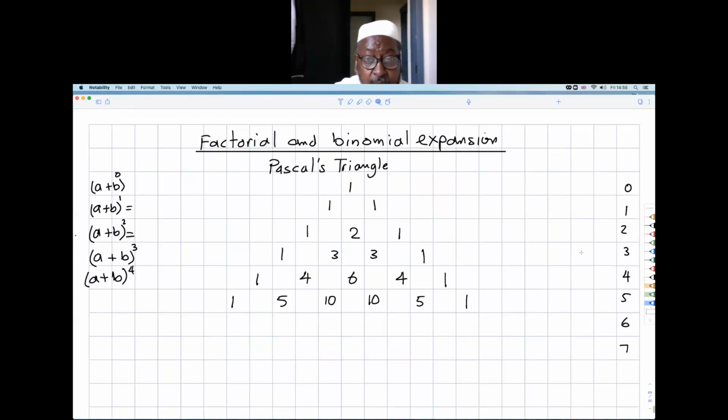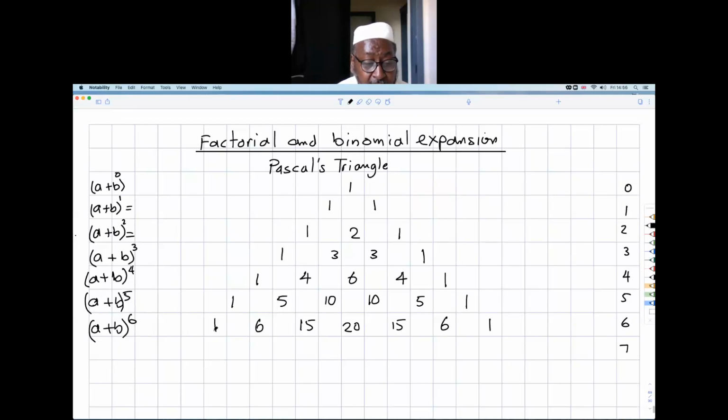If I want to do the power 5, what I'm going to do. A plus B to the power 6 will be 1, 1, 5 plus 1 is 6, 10 plus 5 is 15, 10 plus 10 is 20, 5 plus 10 is 15, 1 plus 5 is 6.